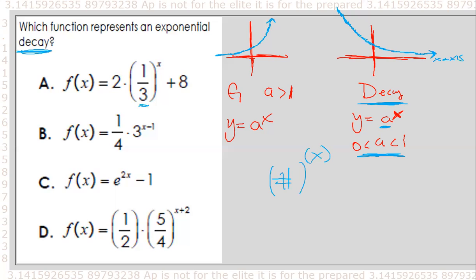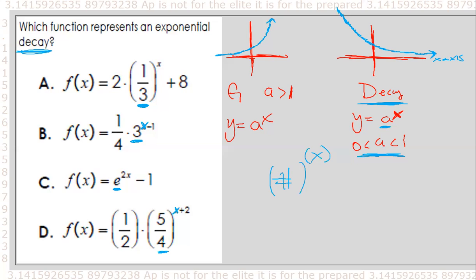So right here, this 1/3. Now keep in mind, they might want to trick you with this 1/4, but we only want the one that has the exponent of x. So this 3 right here is pretty simple. This is e, and then this one looks a little complicated, this 1/2 times the 5/4, but keep in mind, the one with the exponent is this right here.